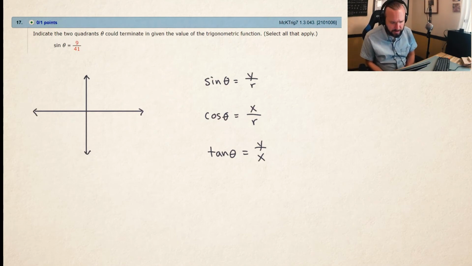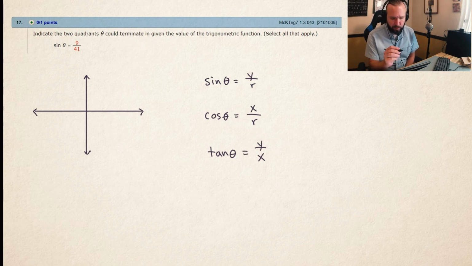Question 17 is about where an angle could possibly terminate. The numerical information here doesn't matter. It doesn't matter that it's a 9 and a 41. Really what matters is whether or not that number is positive or negative. Remember, sine is y over r, and cosine is x over r.